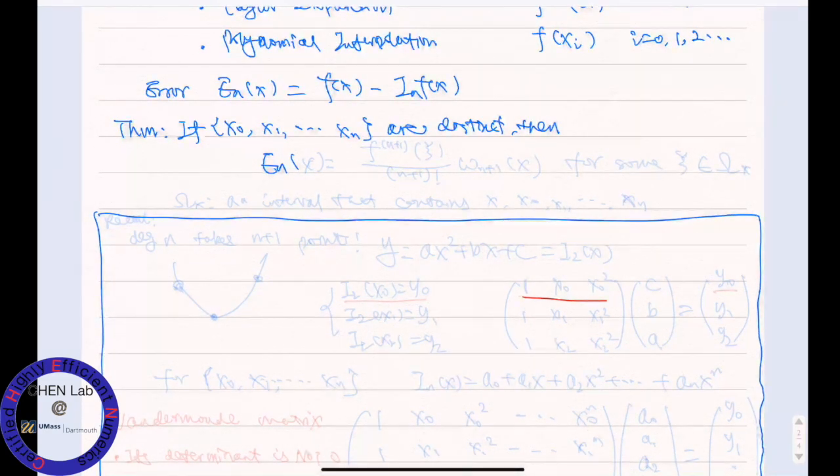So this approximation error is actually equal to the (n+1)-th derivative of f at some c, divided by (n+1) factorial, times omega_{n+1}, that omega we defined above, for some c in some domain that contains x.